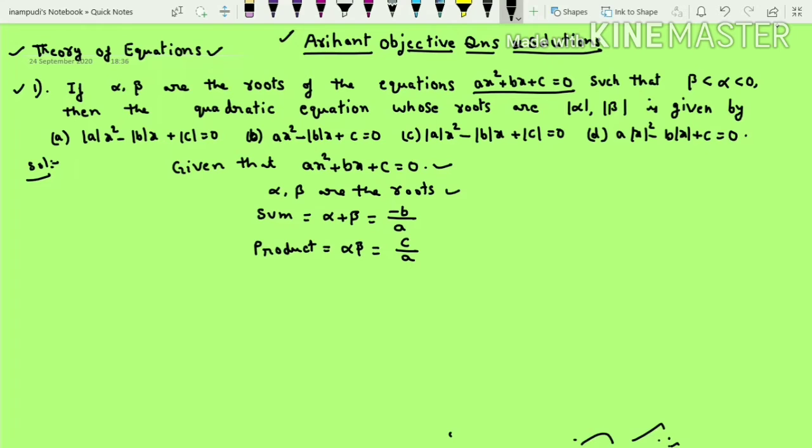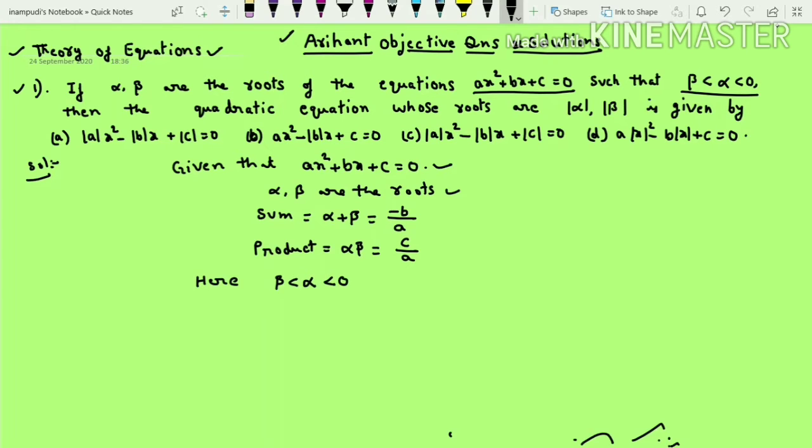Here he also gives us beta less than alpha less than 0. It is given that beta is less than alpha, and alpha is less than 0.